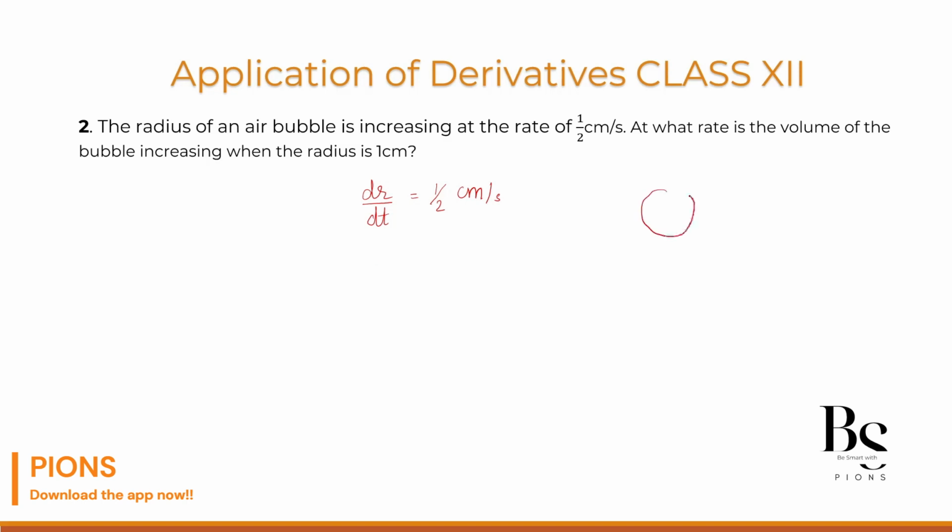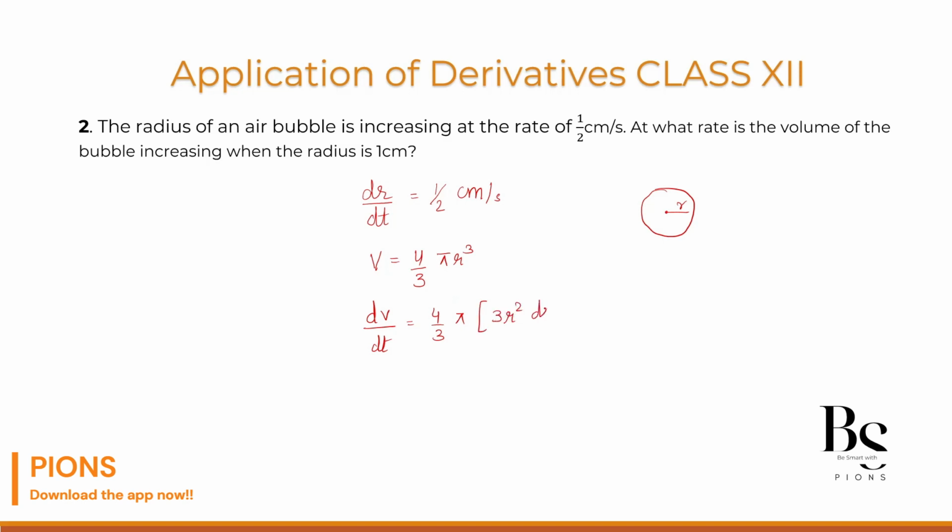If it is a perfectly spherical bubble with radius r, what will be the volume expression? Volume V will be 4 by 3 pi r cube, correct? Now what will be dV by dt? dV by dt will be 4 by 3 pi times the differentiation of r cube.